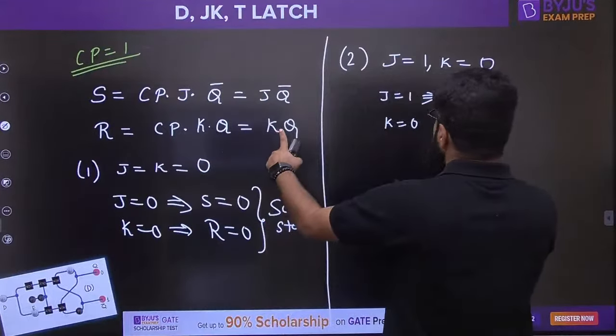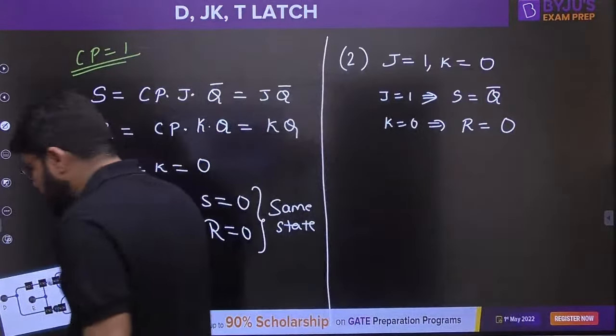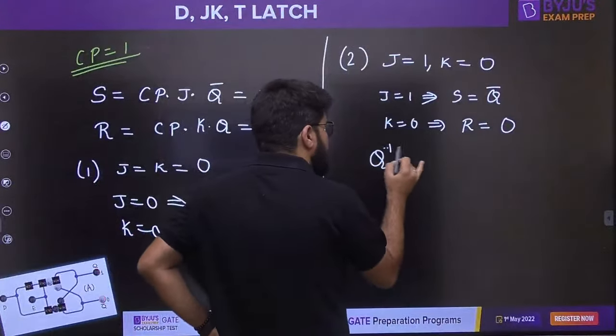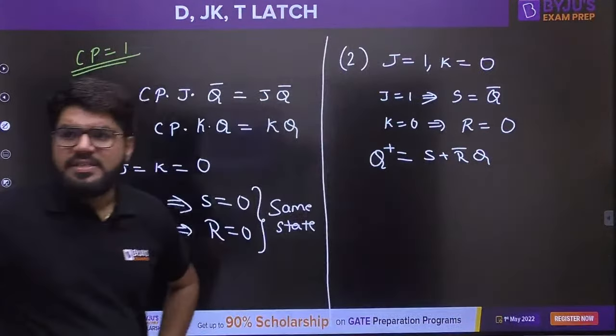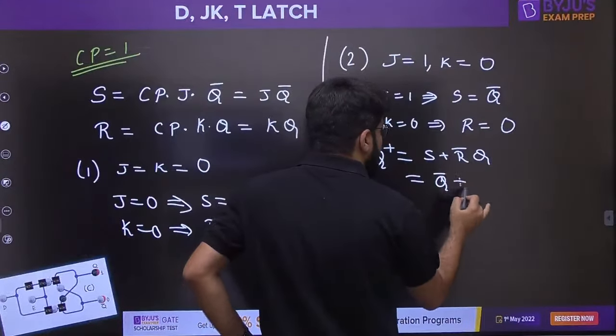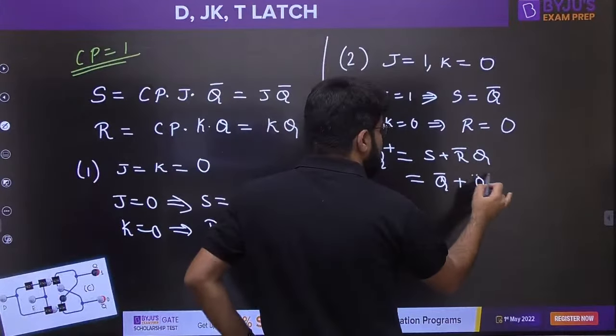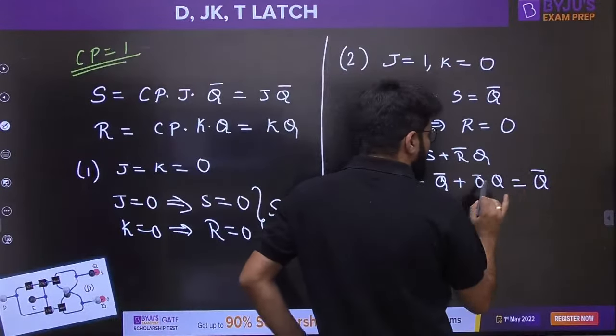K is 0. If K is 0, what should be the value of R? R is 0. So what is the next state equation? What is the next state of the device? It is S plus R bar Q. What is the value of S? Q bar. Plus, what is the value of R? R is 0. So 0 complement will be 1. So 1 into Q is Q.